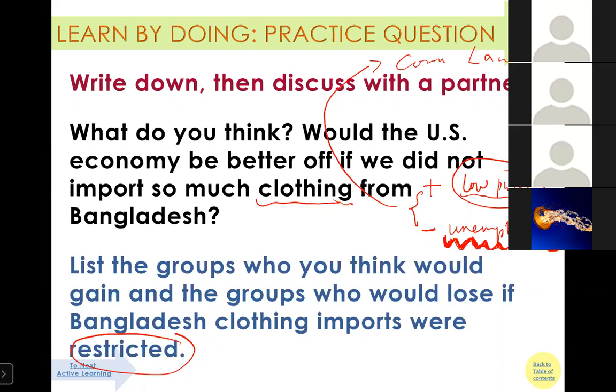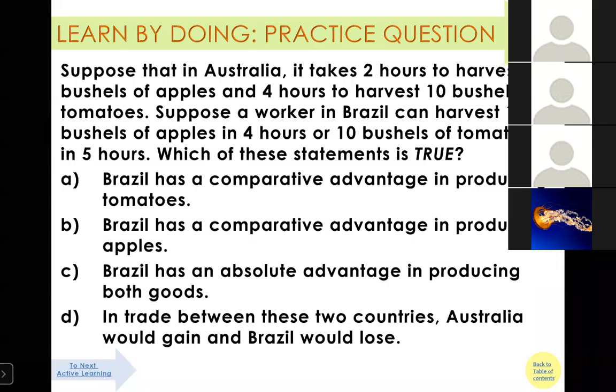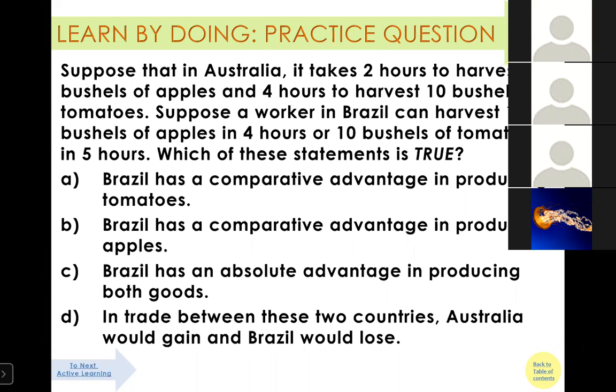Right. So now we close today's discussion by looking at these practice questions. Suppose that in Australia, it takes 2 hours to harvest 10 bushels of apples and 4 hours to harvest 10 bushels of tomatoes. Suppose a worker in Brazil can harvest 10 bushels of apples in 4 hours or 10 bushels of tomatoes in 5 hours.